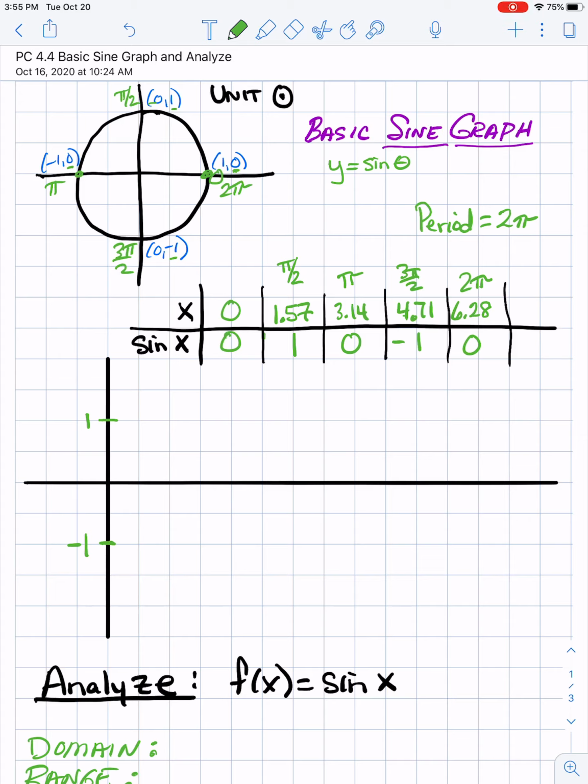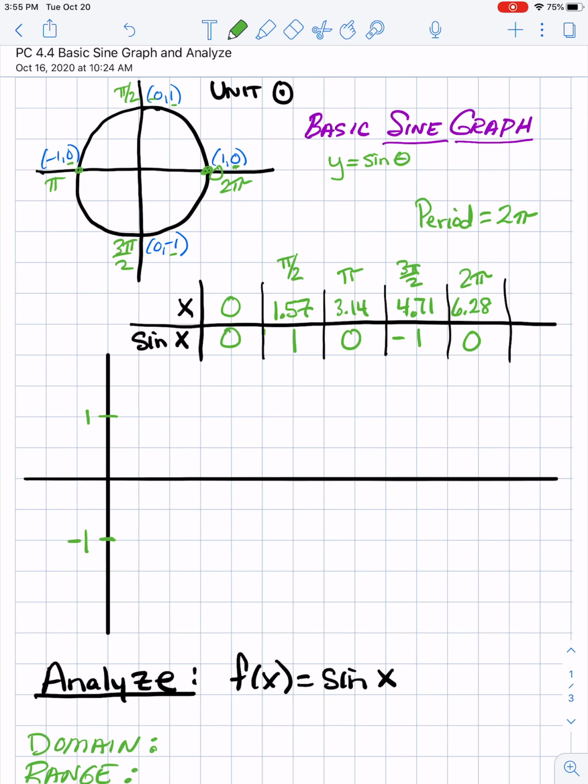In fact, let me put the scale on here first. Let's see if we can just do... I didn't think about this before I started taping, so let's see here. Let's see if I can spread this out. That isn't going to work. Okay, back up the truck here.